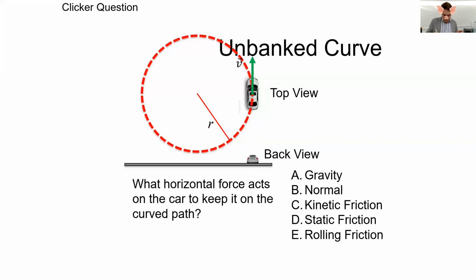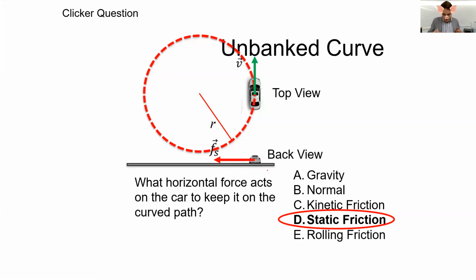Let's look at this one. 43% of you voted for static friction, and that is exactly correct. That's what I was looking for. If you look at the back view, static friction is pushing the car to the left if you're turning and your velocity is into the page. You always need an inward force to keep anything on a circular path.